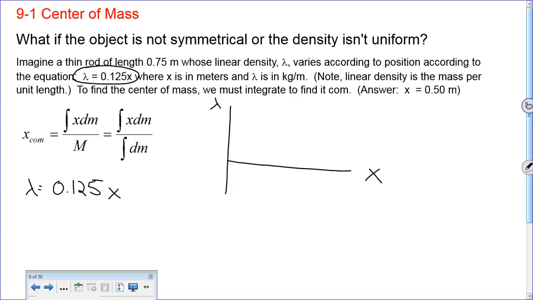So it's a line. Here's my density, just a line that looks like that. If you imagine rotating that around, it's going to give you a cone. So if you simplify a baseball bat into a long, skinny cone, that's kind of what this would give you.